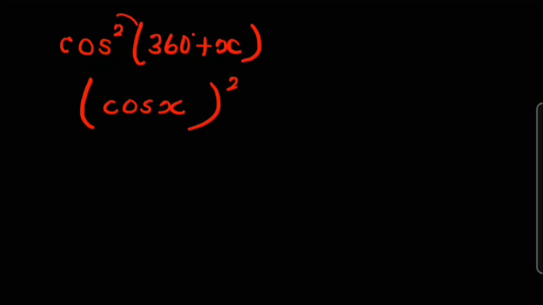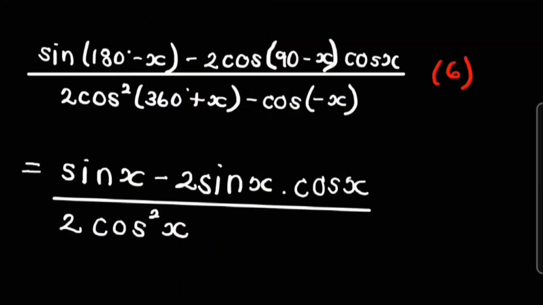Now remember, when there's a square, it tells you that whatever answer you have from this reduction formula, that is squared. So cos x being squared is going to give you cos squared x. So we don't really show the in-between steps, we just show the answer of that reduction formula. So here we have 2 cos squared x.